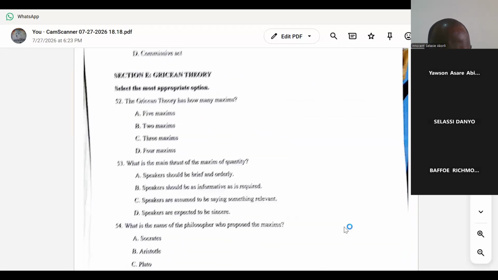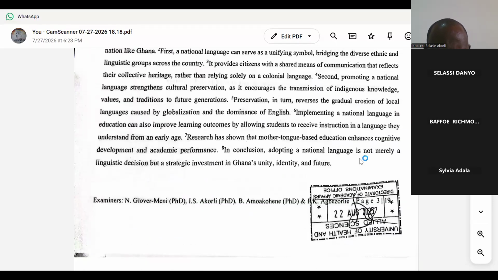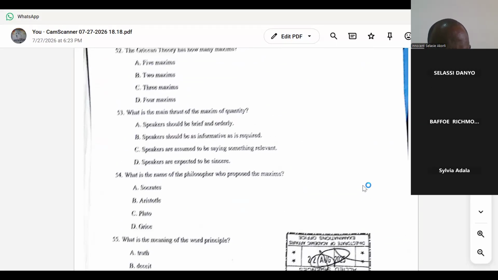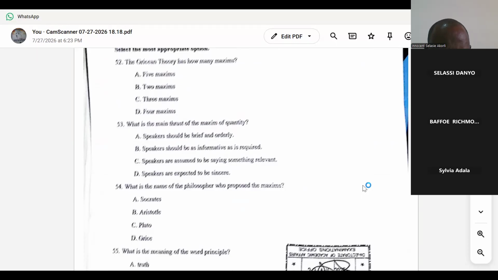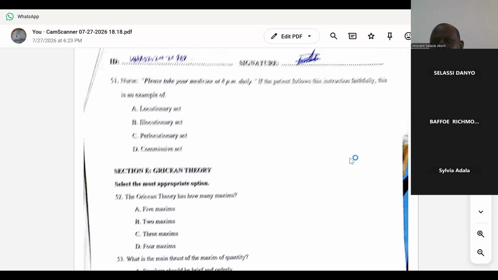Hey, Doc, please, I want to ask about the perlocutionary act. Is it not when you say something that will have an effect on another person? The locutionary act is like I said something, but I have an intention for saying it.